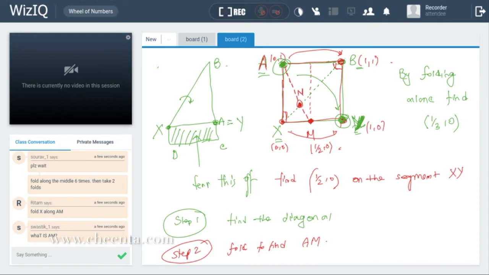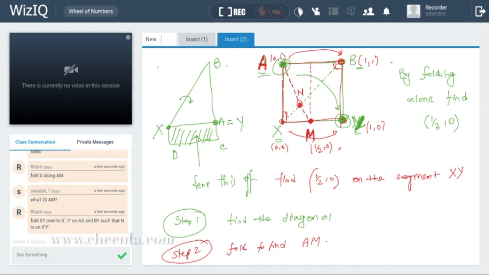AM: A is this vertex, Swastik, and M is this one. A is the top left vertex of the square, and M is the midpoint that we have found. All right, now fold.